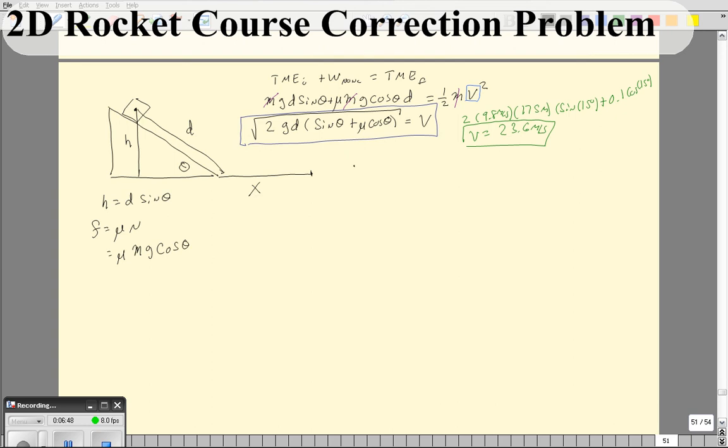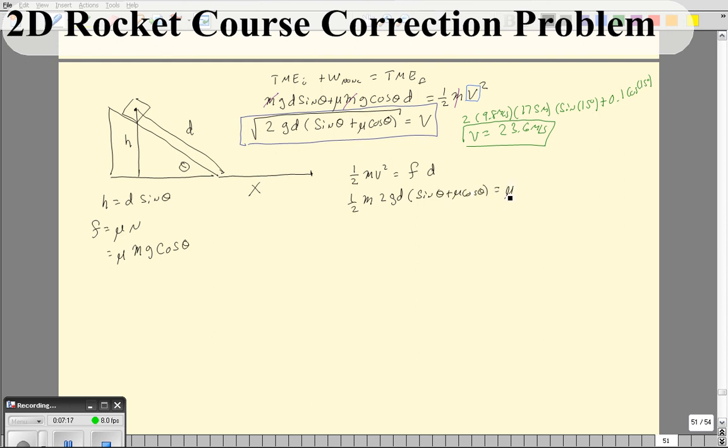So we're going to take that 1/2 mv squared you have at the bottom and set it equal to the friction force times the distance. Now, if this is v squared, we're just going to take the square root away. So it's going to be 1/2 m times 2gd times sine of theta plus mu cosine theta is going to be equal to mu.